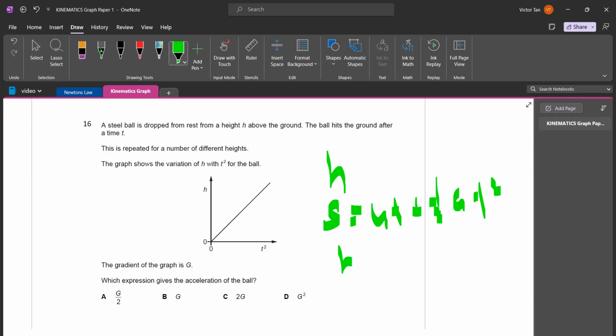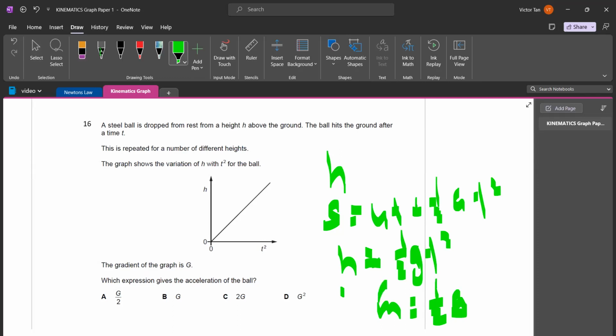So s, as the h, equals half g t squared. In the linear law, this will be a straight line graph. So the gradient is half g. So the g will be 2 times the gradient, which is this answer.